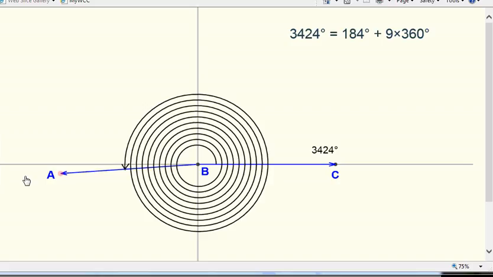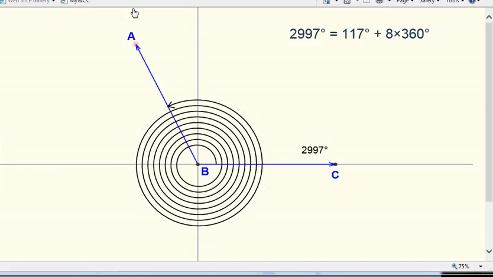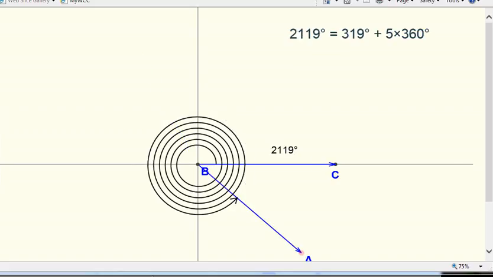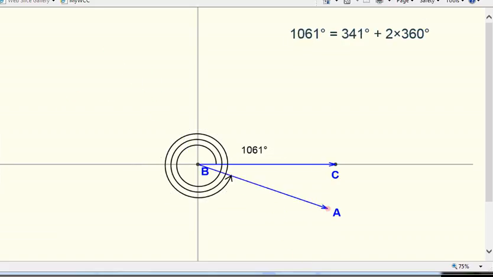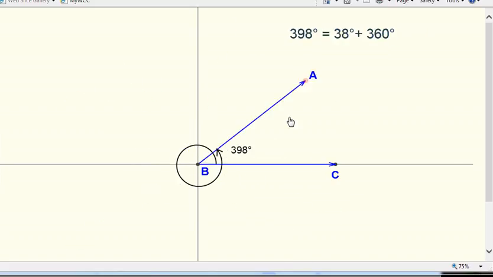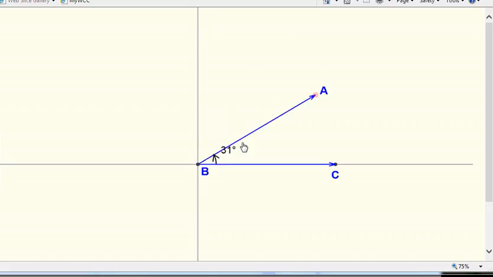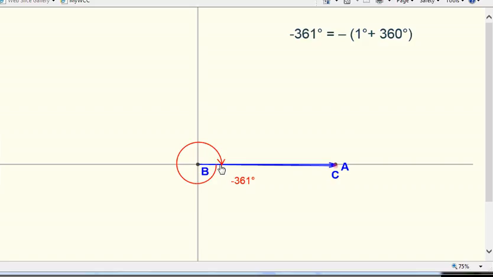Infinity, as many as you like, right? Indeed, you can go the other direction too. If you go the other direction, what happened to the angle? It would go negative, and then negative 360 degree. All right?